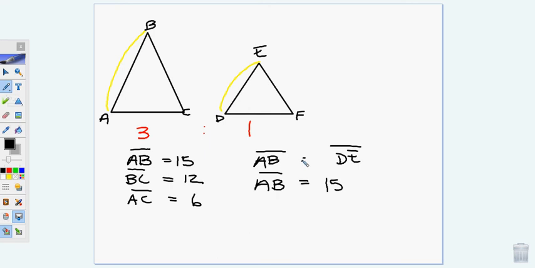I think my calibration's gotten a little off. All right, so if AB equals 15 and the ratio is 3 to 1, DE is then 5, right? Because it is 1/3 of that. Okay, so hopefully you can see how proportions and calculating proportions make it easier to calculate these things for geometry. We will do similar polygons for a different lesson on another day.